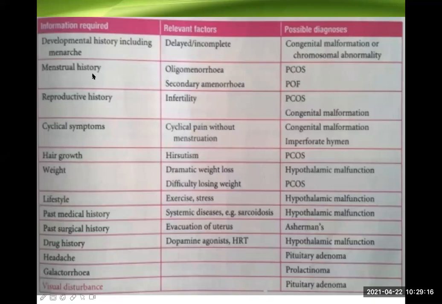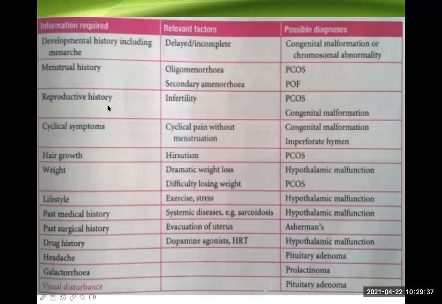We take detailed information about the menstrual history, and if there are relevant factors like oligomenorrhea or secondary amenorrhea, then we think about possible diagnoses like polycystic ovarian syndrome or premature ovarian failure. POF is premature ovarian failure.